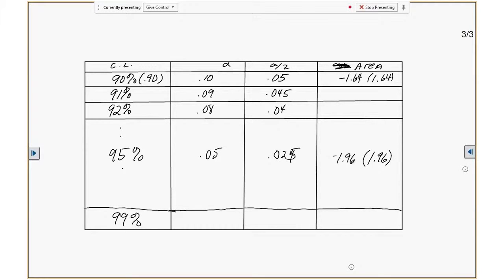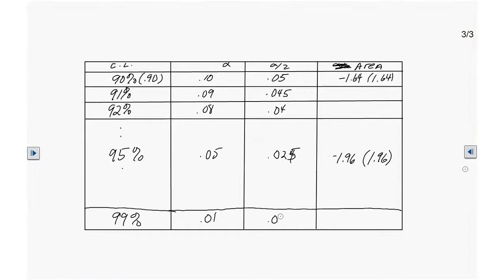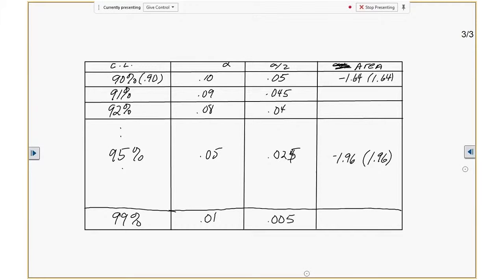Okay, and do 99, that'd be 0.01, which would be 0.005. And somebody give me inverse norm of 0.005.